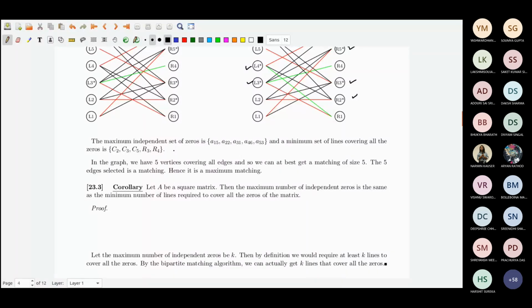So for example, if the maximum number of independent zeros is 5, because these are independent zeros, you will at least require 5 lines. That part is clear.